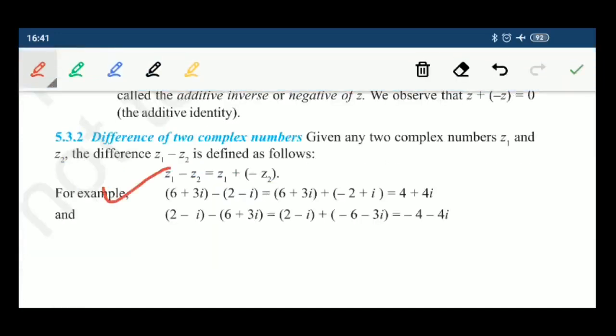Let us suppose z1 is 6 plus 3 iota and z2 is 2 minus iota. When we subtract these two complex numbers, you subtract real part from real part and imaginary part from imaginary part. After subtraction you will get 4 plus 4 iota.